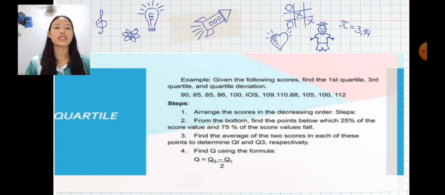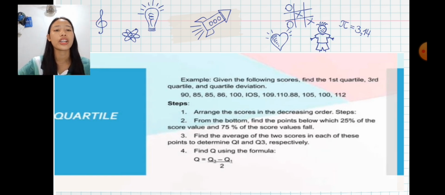So here is the example. Given the following scores, find the first quartile, third quartile, and quartile deviation. We have 90, 85, 85, 86, 100, 105, 109, 110, 88, 105, 100, 112.